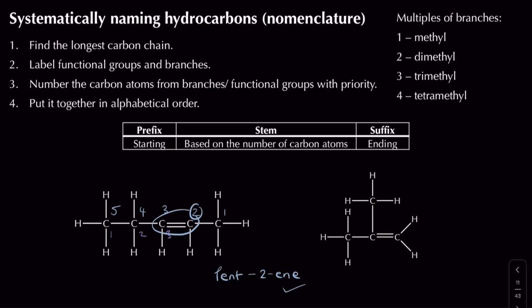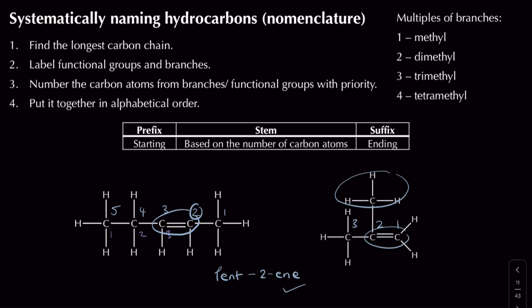What about the next one? Similar type of thing. I've got 1, 2, 3 carbon atoms there in total. I could go about it that way, but the only way I can't go about it is like this, because that would actually be wrong, because our alkene is going to take priority in terms of numbering. So I look at it, I've got a methyl group over here, and I've also got my alkene functional group there. Now in terms of the numbers, I've got 1, 2, 3 again, because we want to get the smallest numbers possible.